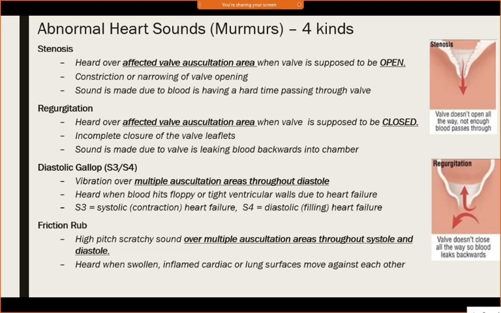Some of them are normal, some of them are abnormal, and they give us a clue on whether we have filling problems, but I just call them gallops and let it be. They're just diastolic heart sounds, and they're in multiple auscultation areas. That is something that is indicative of heart failure.